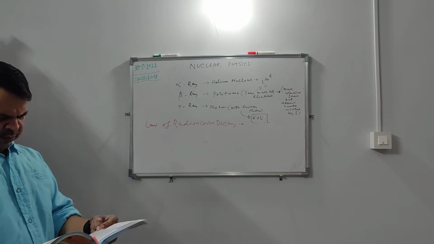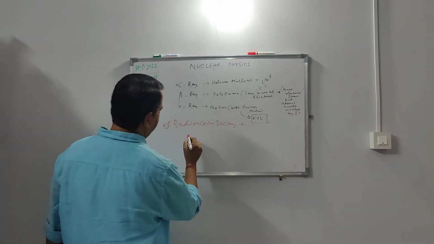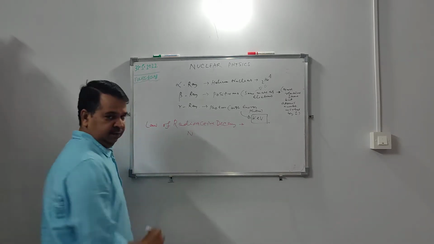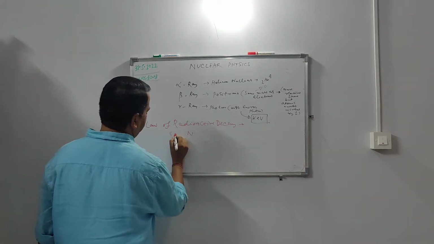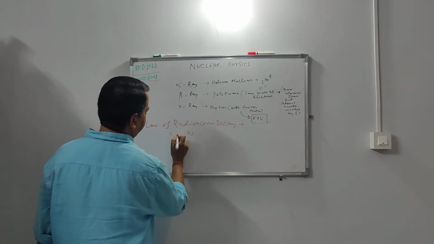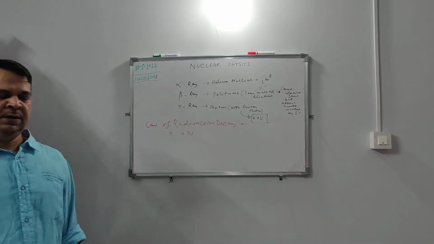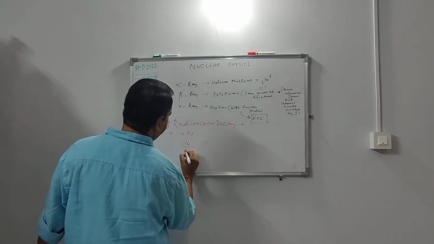So let's say at any point of time, at time t, you have N atoms. So I am telling you my rate of decay is nothing but dN by dt.